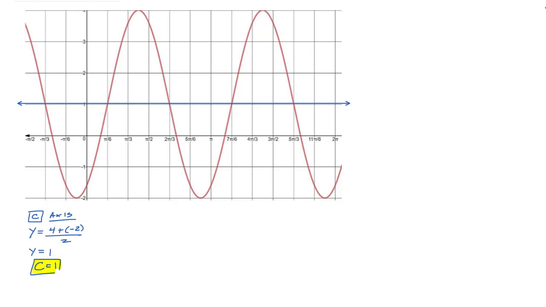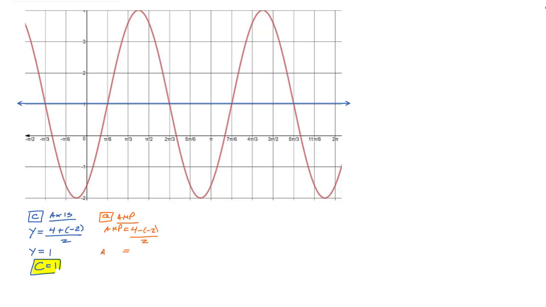All right, next thing, let's find the amplitude. To find our amplitude, which basically means we're finding A, that's what we're looking for here. We use our amplitude formula, or you can just count and figure it out. What's your distance from the middle to the top or middle to the bottom? So the amplitude is you take the max and subtract the minimum, and you divide it by 2.